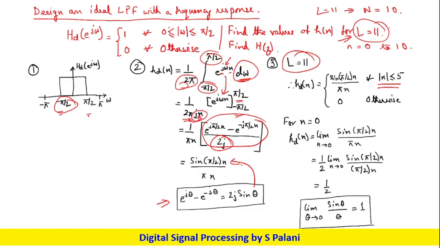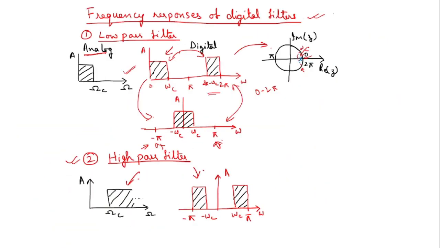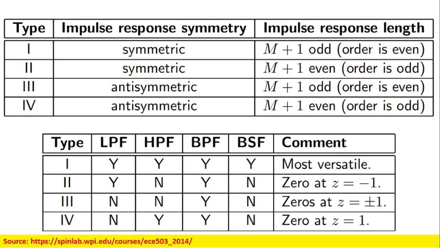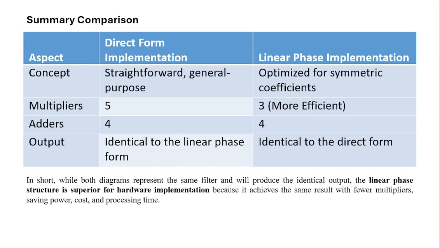If you go back to yesterday's class, order is even and length is odd, and we have a symmetric impulse response. So we are trying to design only a type 1 filter, and hence we know that order is even over here and we want a symmetric thing. So if we have values in the range of 0 to 5, then we can compute it for the other n values too. Okay.